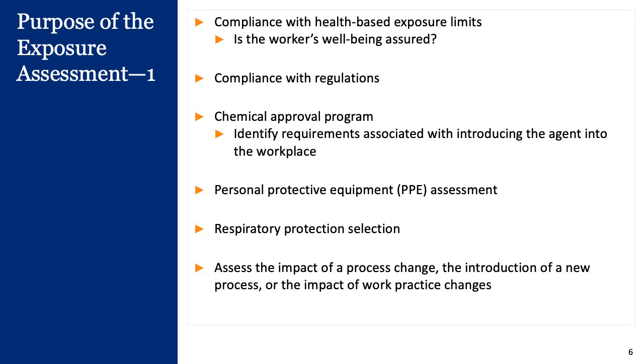The fourth could be, what are the personal protective equipment requirements for a particular group of workers using a particular chemical or a particular agent? How can we properly select the appropriate respiratory protection for a particular exposure scenario? We also might want to assess the impact of a process change, the introduction of a new process, or the impact of work practice changes.